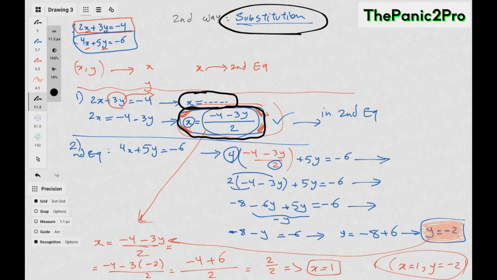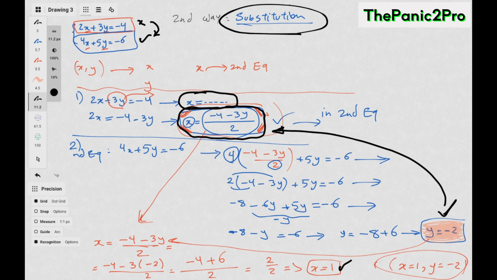On the left hand side we have x, on the right hand side we have no x. Get the x, put it in the second equation. So we are getting x from here, putting it in the second equation and then getting the y. And then use y, put it back into this x relationship and get x. Done. It's called substitution.